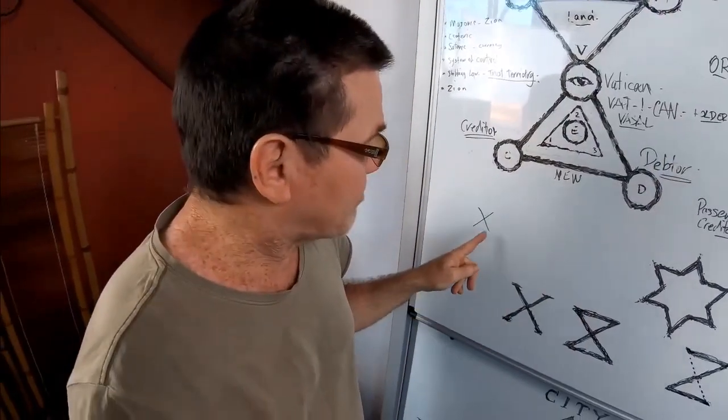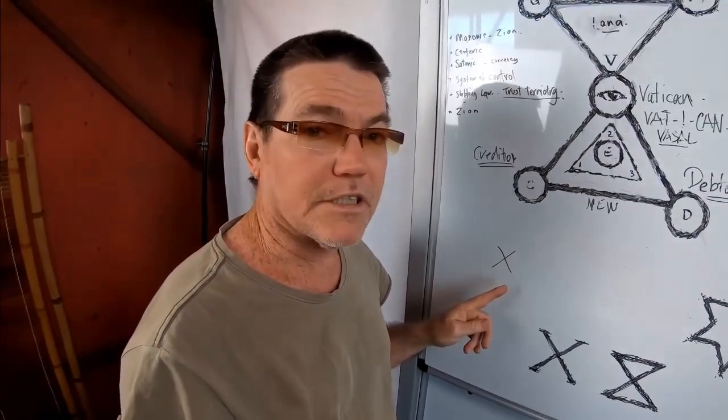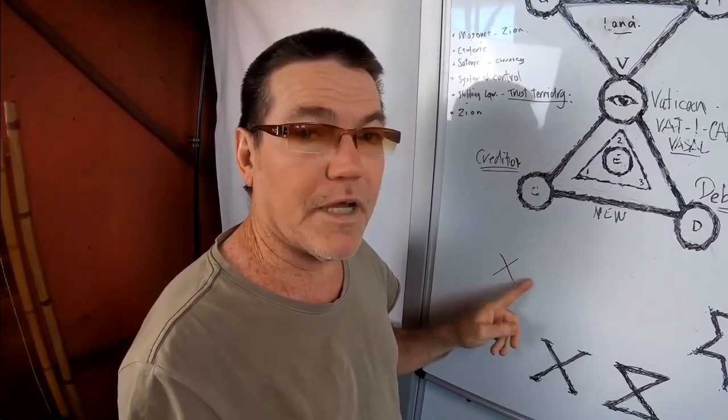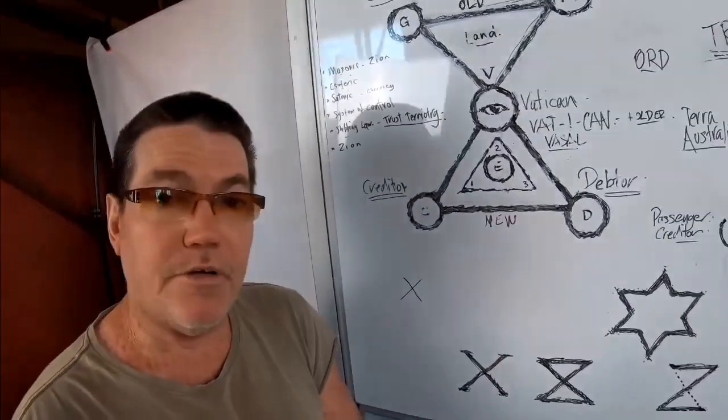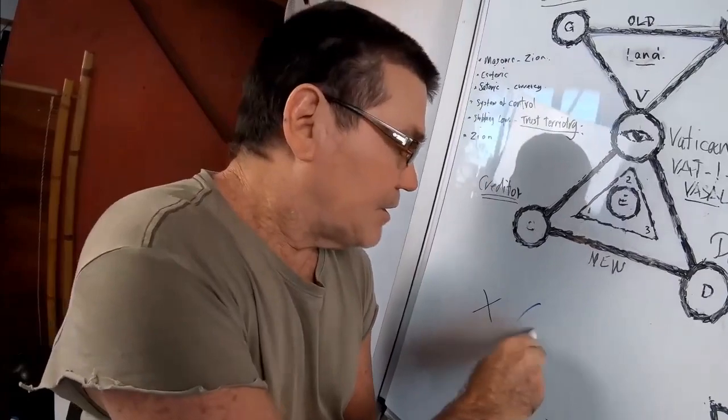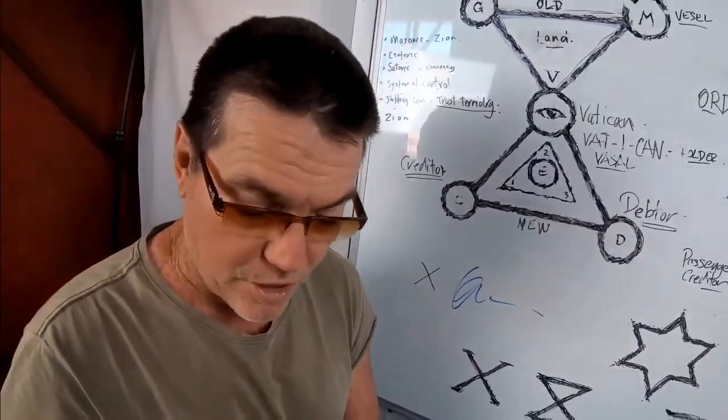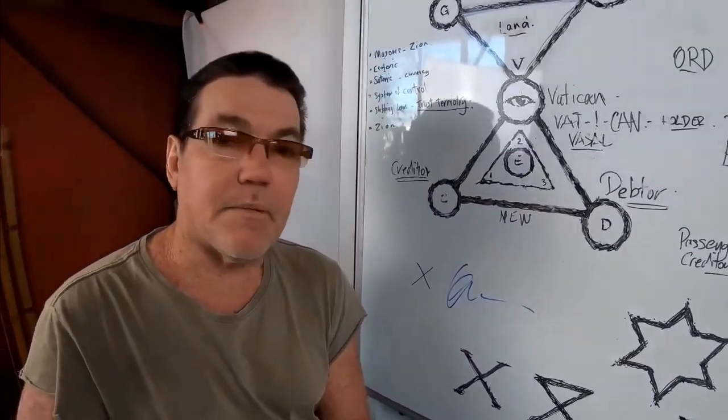names, and when the bank manager draws this cross and says sign on that cross, the minute you turn around and do some squiggly thing like that, that's the mark.